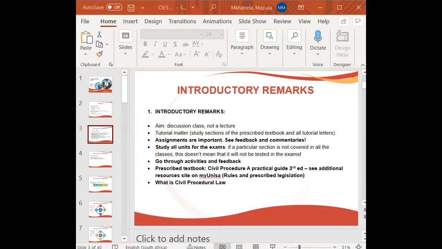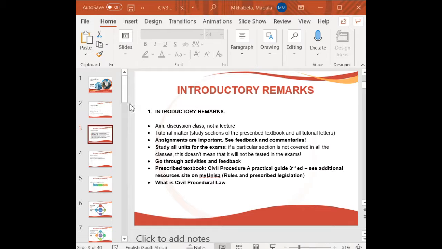Complete your assignments and study feedbacks and commentaries for assignments carefully in preparation for your exams. Please study all study units for exams, and if any aspects for a particular section is not covered in the discussion classes, it doesn't mean that it will not be tested in the exam. Go through activities and feedbacks to gain a clear understanding of the module. Ladies and gentlemen, the prescribed book for this module, CIV3701, is Civil Procedure, a Practical Guide, 3rd edition.